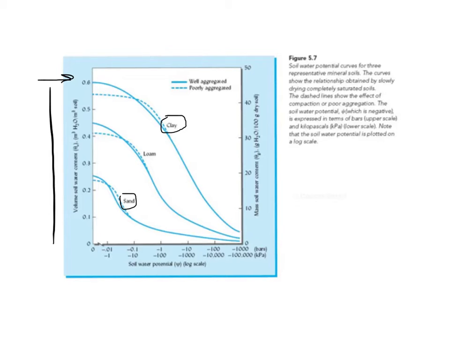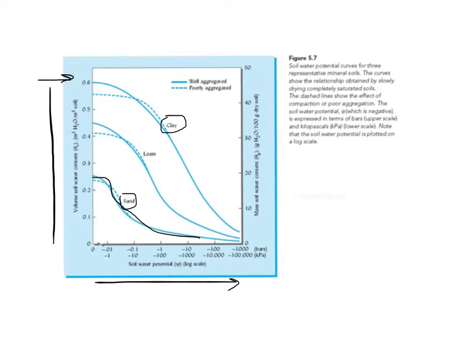Number two, we have soil water potential graphed here going more negative. So which one holds water the longest, for instance? And again, we can see that sand doesn't hold water very well for very long, because this curve here acts like that.